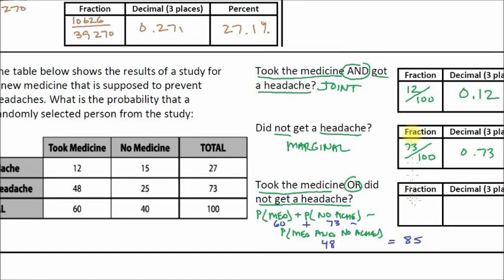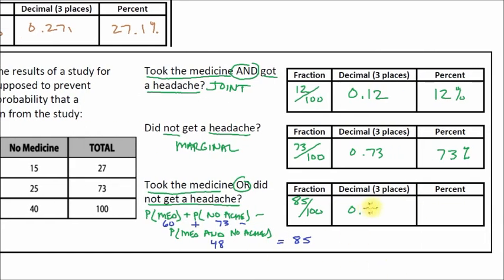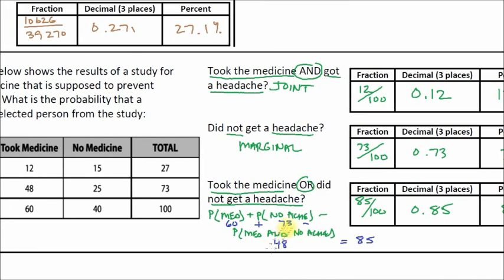So our fraction here is going to be 85 over 100. That's going to be 0.85, which is 85%. So 85% of the people in the survey took the medicine or did not get a headache.